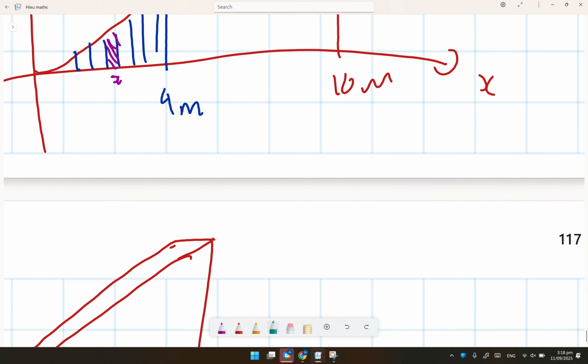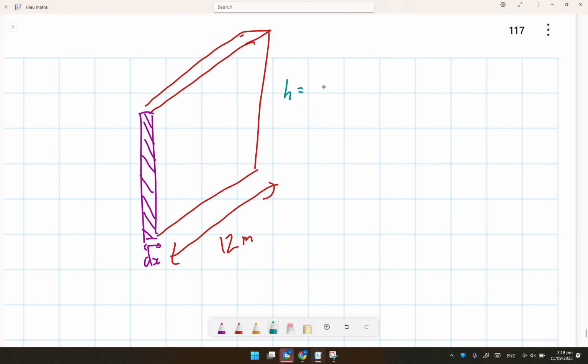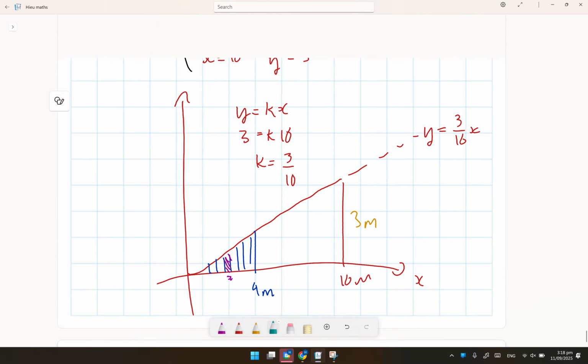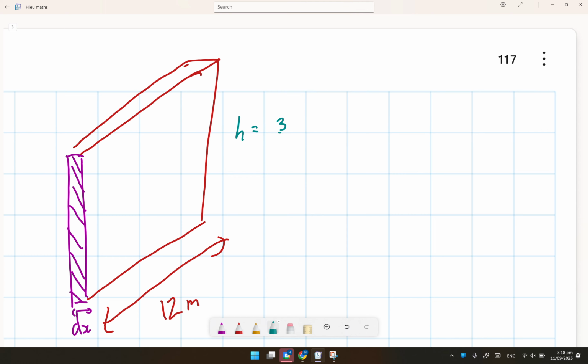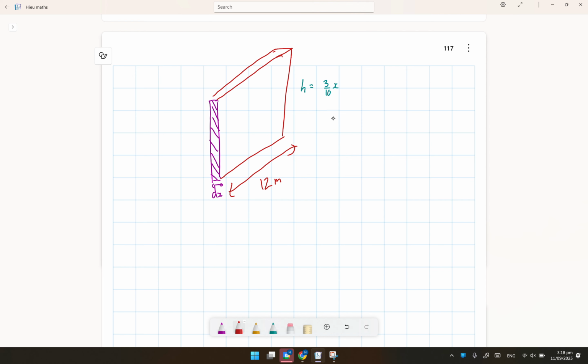What does that mean? The height is just equal to f of x, or just equal to the y value at x. And we know here y is equal to 3 over 10x. Therefore, 3 over 10x equals the height. And now what's the volume of one slice? The volume of half a slice, because there are two halves in every slice, would be equal to width times height times length, right?